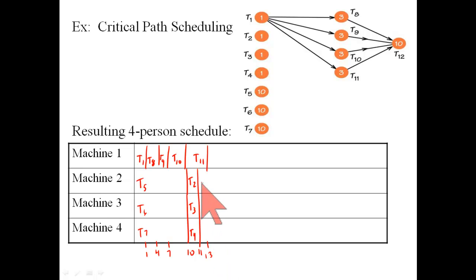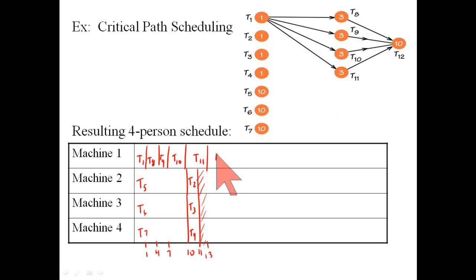At time 11, then, machines 2, 3, and 4 are ready for another task, but the only thing remaining is task 12, and it can't be done yet because machine 1 is still working on task 11. So nothing to do but idle. Now at time 13, machine 1 finishes task 11.